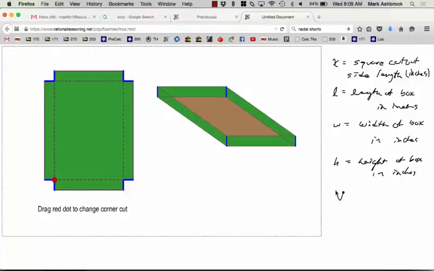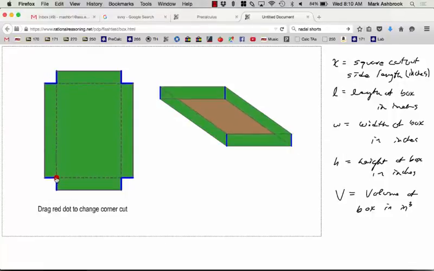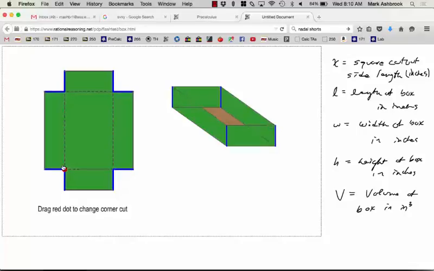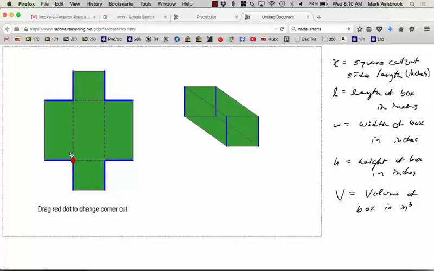And then V will be the volume. And what will the unit of that be? Cubic inches, right? Cubic inches or inches cubed. Okay, so we got 5 variables here. And is it comfortable that those are all, as we change the square cutout side length, all those things change? Do you see that?